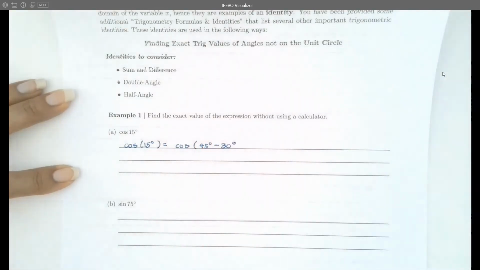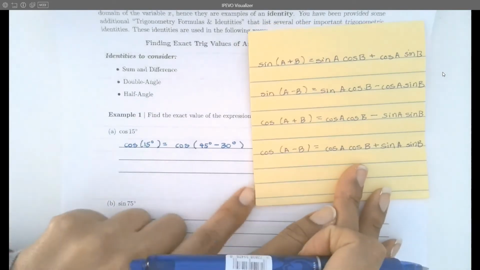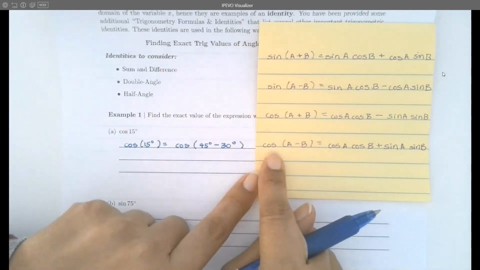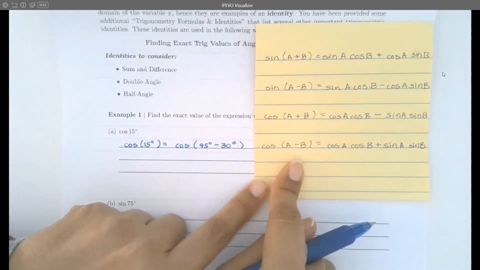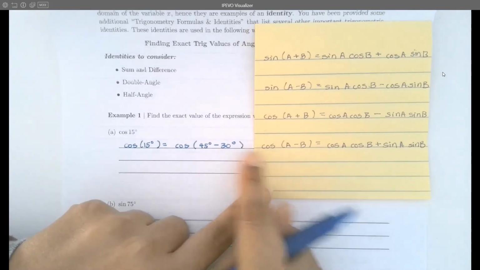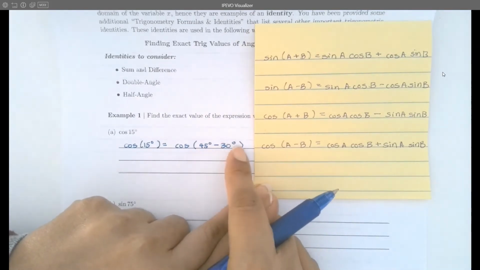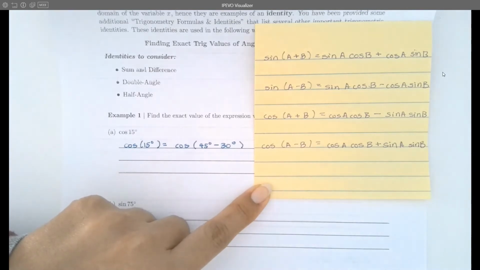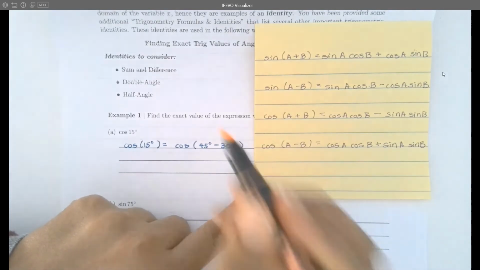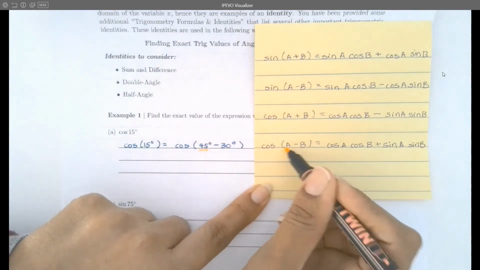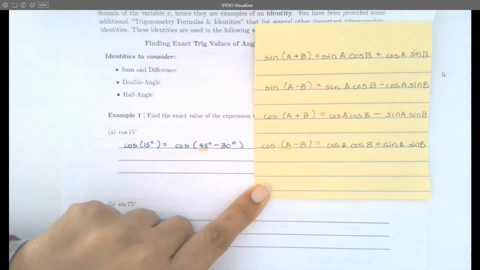Now the reason why we would want to do that is because now I can use one of my sum and difference formulas, specifically this last one that we dissected, because it falls in line with the form, right? We have the difference of two angles. The A in our case is 45 and the B is 30 degrees.